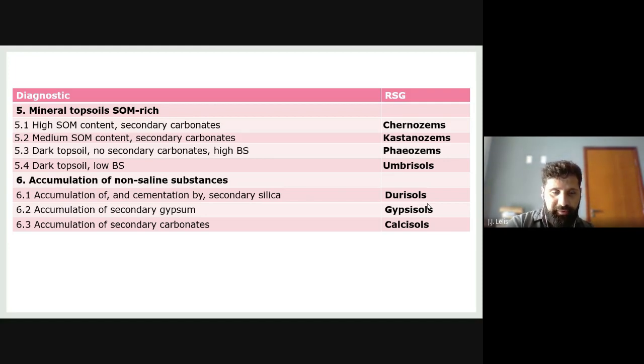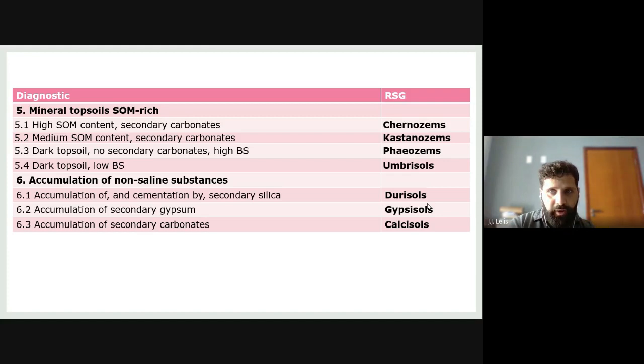So you possess dark colors, but not so dark. You possess a high soil organic matter content, but it's not high enough to be classified as a chernozem. Okay.